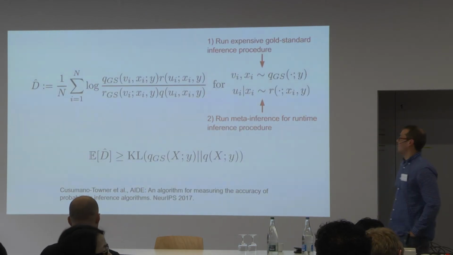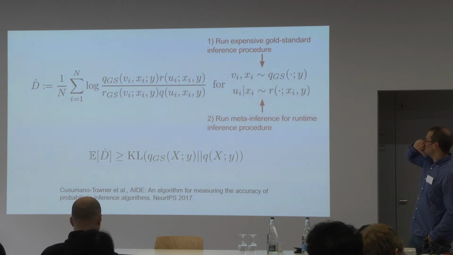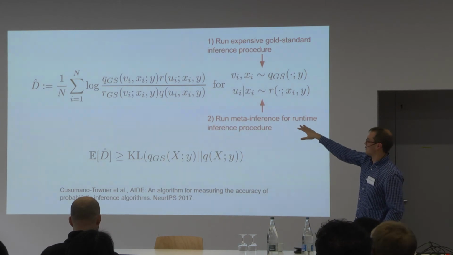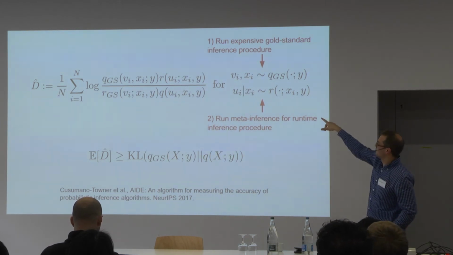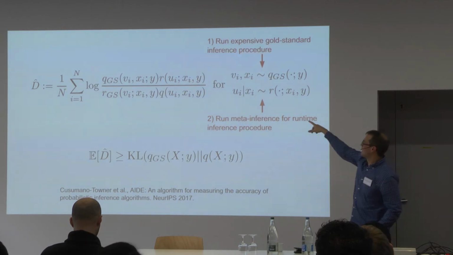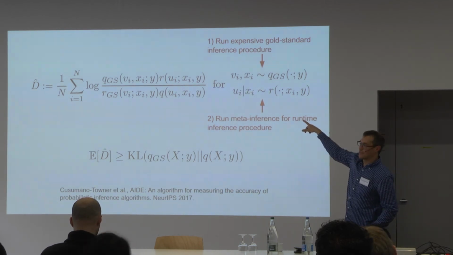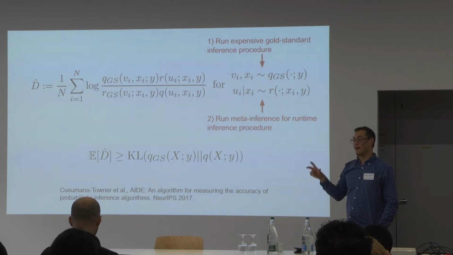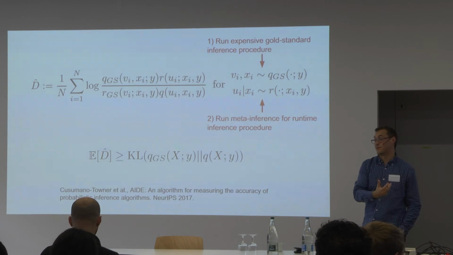Okay, so now we're going to modify our estimator, and that new estimator is shown on the left. What we're going to be doing is running our gold standard as before, but then we take the output X from the gold standard algorithm, and we run our meta-inference algorithm on the algorithm we're trying to evaluate.